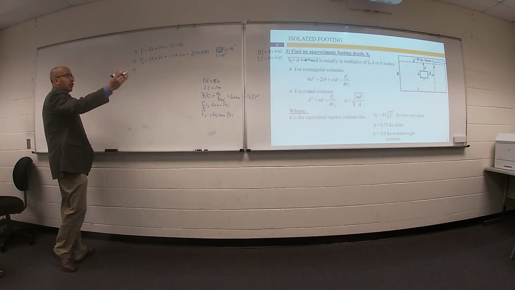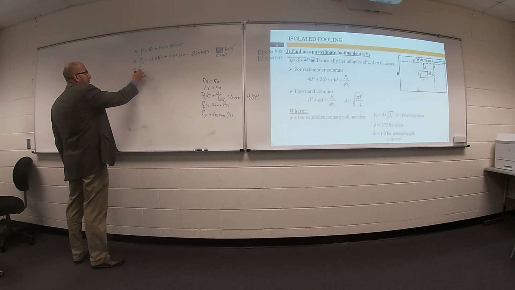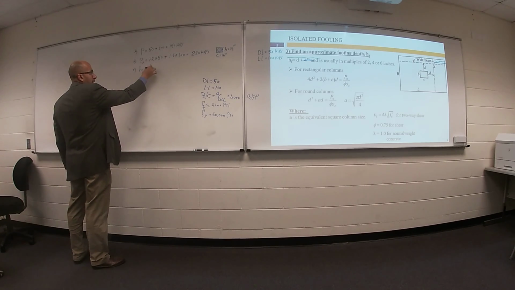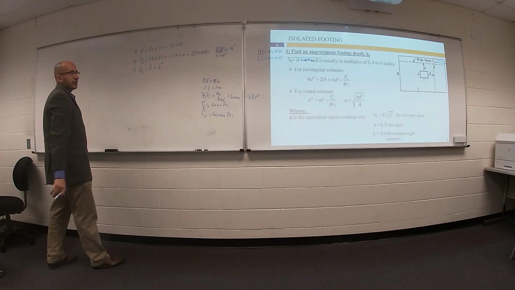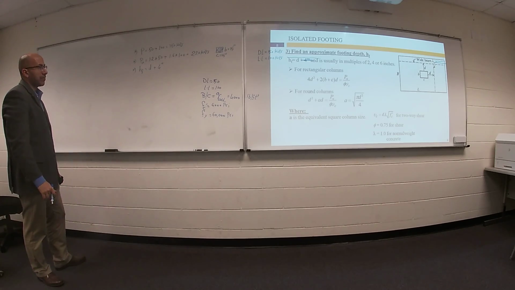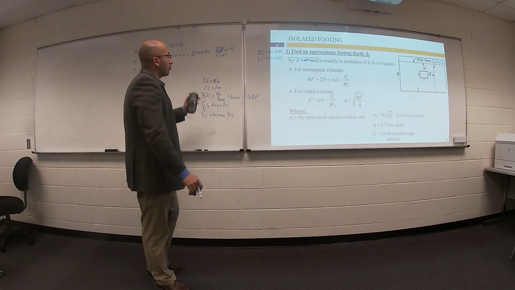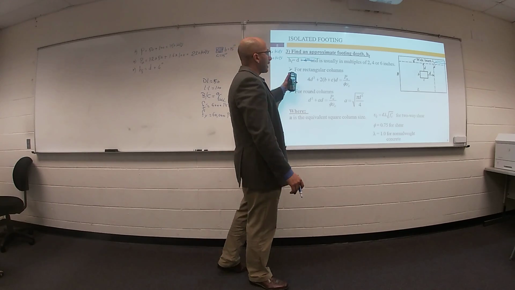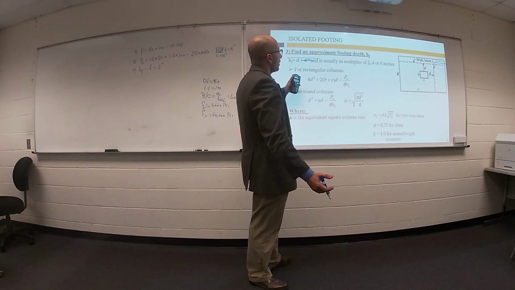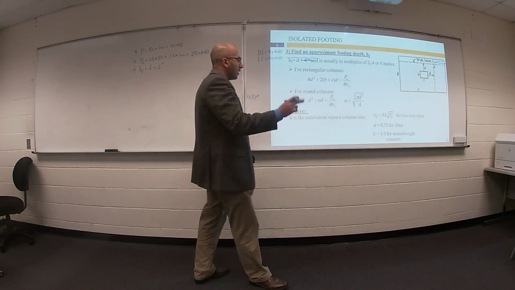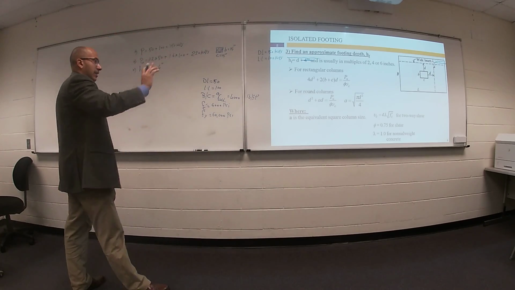Third step, I'm looking for thickness. The total thickness of your footing, hf, equals depth plus 4 inch. What is the value of depth? Go ahead and determine whether you have a round column or a rectangular column. Rectangular, or square, I mean not circular.